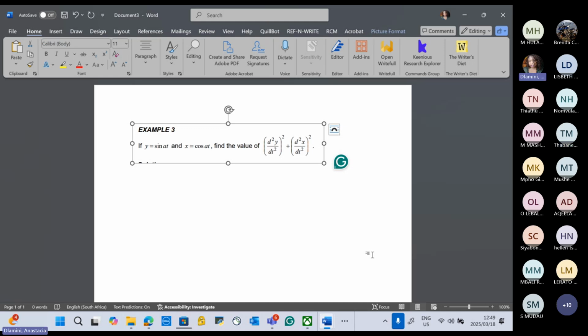And then what with those derivatives? And then we add them. There's something you're missing there. So you find the second derivative of y and you find the second derivative of x, then you add them.